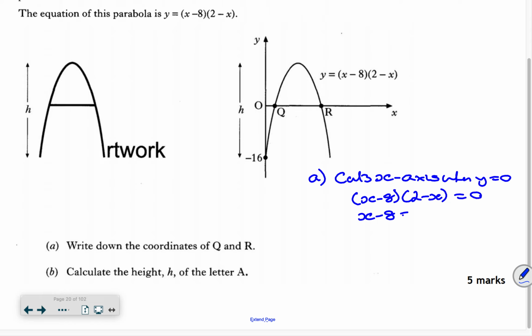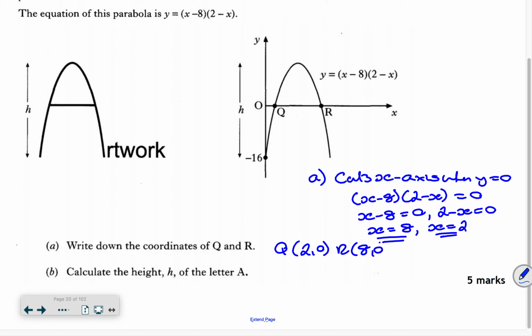So x − 8 is equal to 0, or 2 − x is equal to 0. So x is equal to 8 and x is equal to 2. So that means that Q has to be the point (2, 0) and R has to be the point (8, 0).